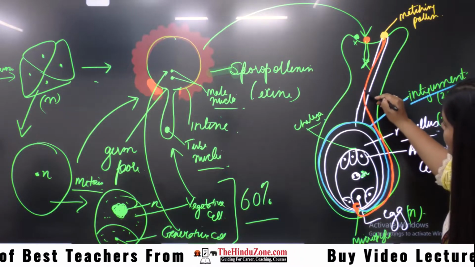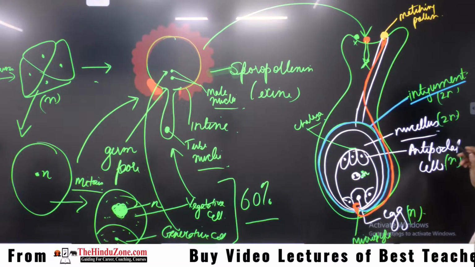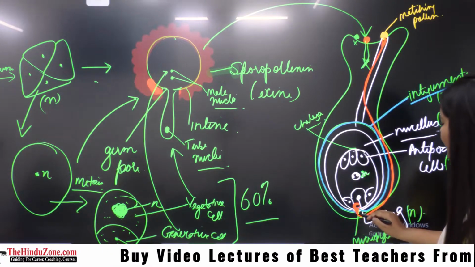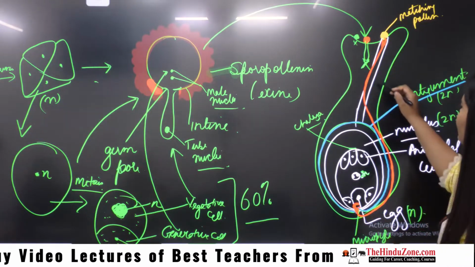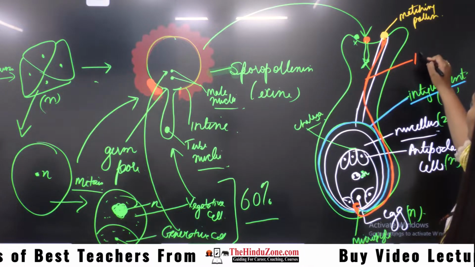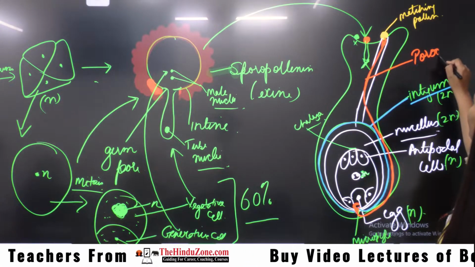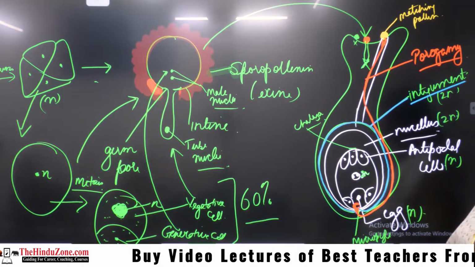This is the most common method of entry of the pollen tube. But at the end, they have entered through the micropyle only. This method of pollen entry is called porogamy.